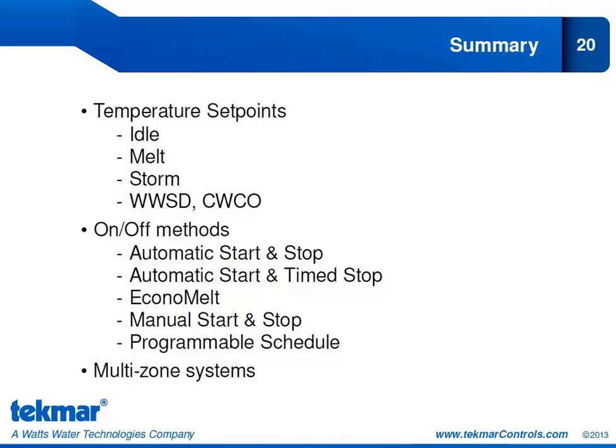Next, we talked about different on-off methods. So the automatic start and stop with the 090 or 094, the automatic start and timed stop with the snow sensor 095. We talked about EconoMelt, which is a new feature for the 654. It's what we jokingly referred to in-house as it was being developed as the shovel and melt feature.